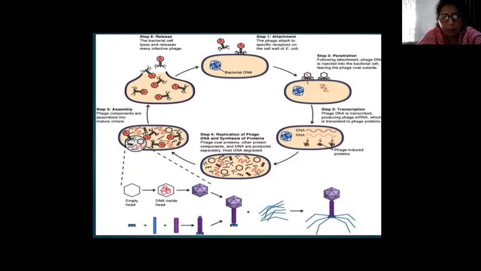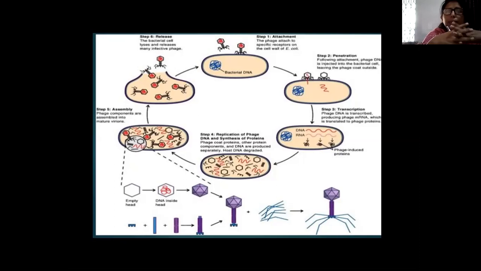As soon as the lysozyme or the late proteins are synthesized, in the meanwhile the virions get assembled. The assembled and mature virions are ready to be out from the host cell.